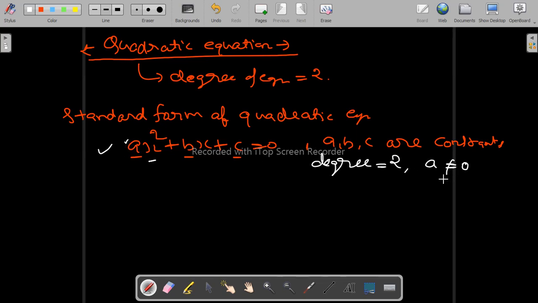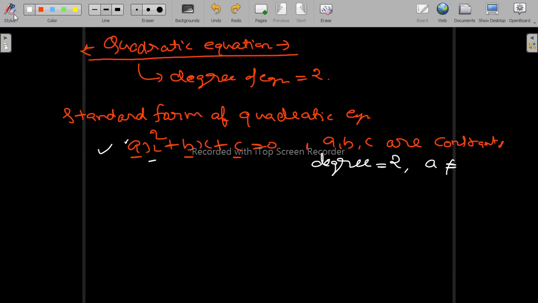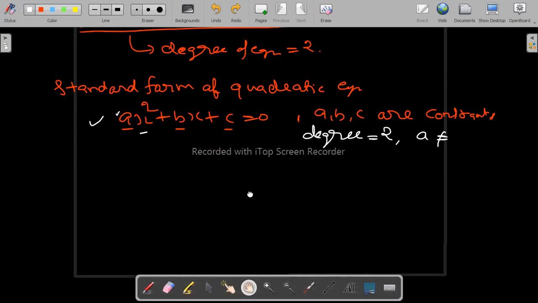So a is not equal to 0, because if a becomes 0, the whole term reduces to 0 and we are left with only bx plus c. This is not going to be quadratic; it will be a linear equation. This is why a cannot be taken as 0.